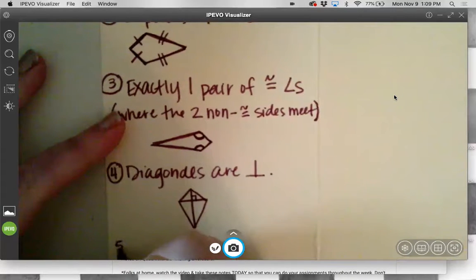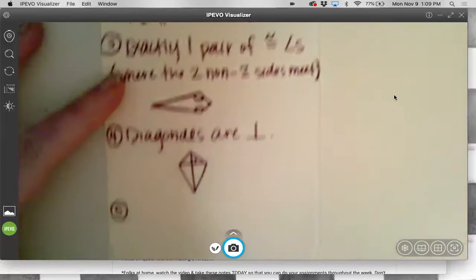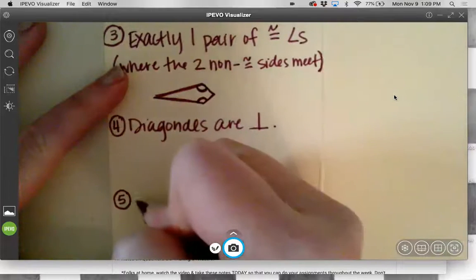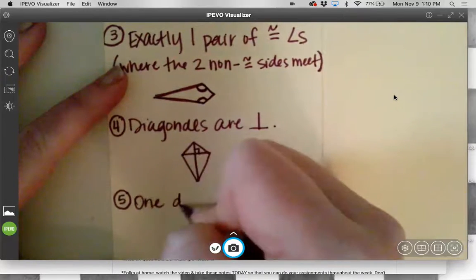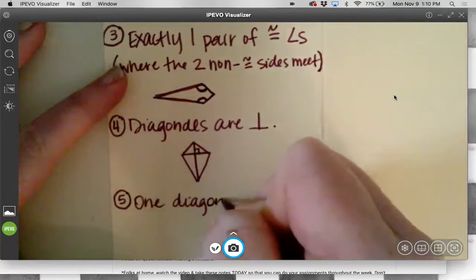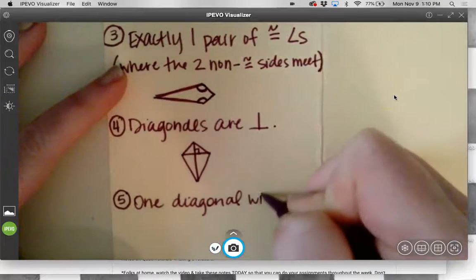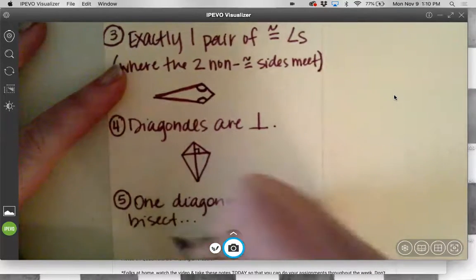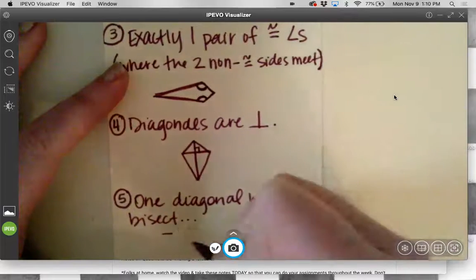Number 5, last one. And you don't need anything across the bottom of this page, so you can use all the way down to the bottom if you want. Last property for kites is that one diagonal will bisect the other diagonal.